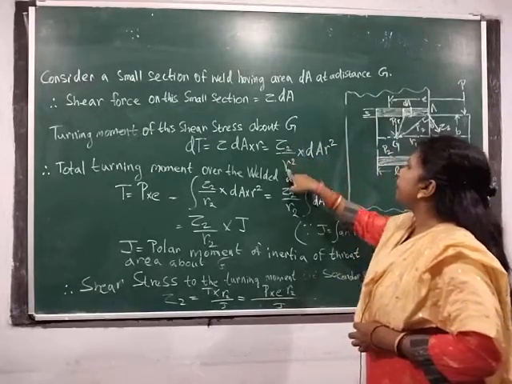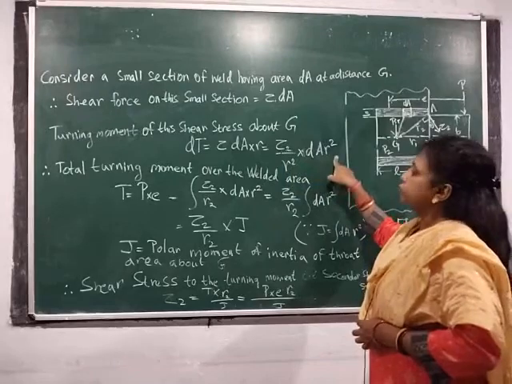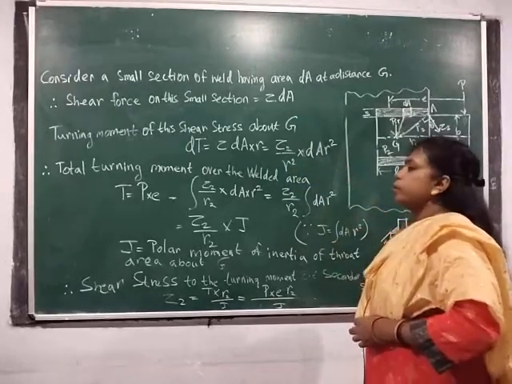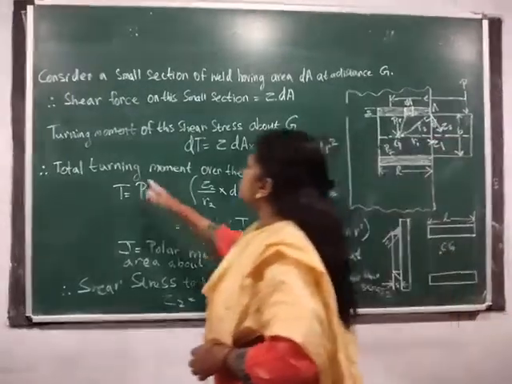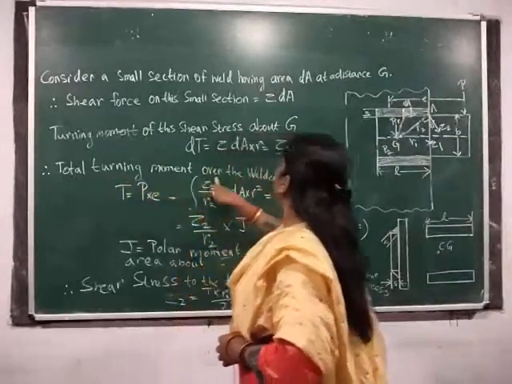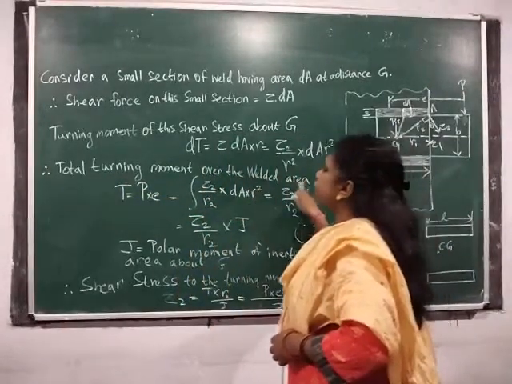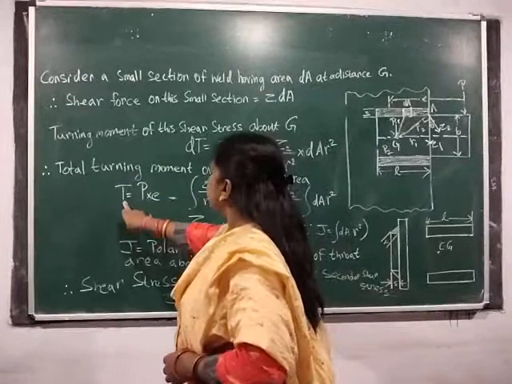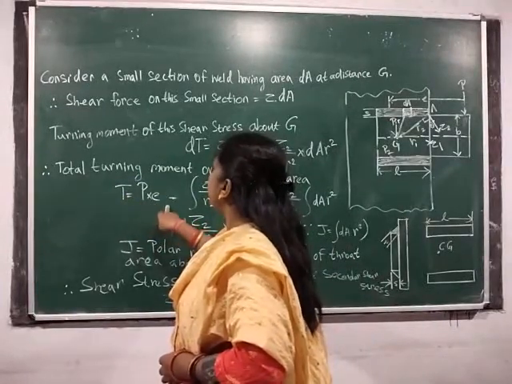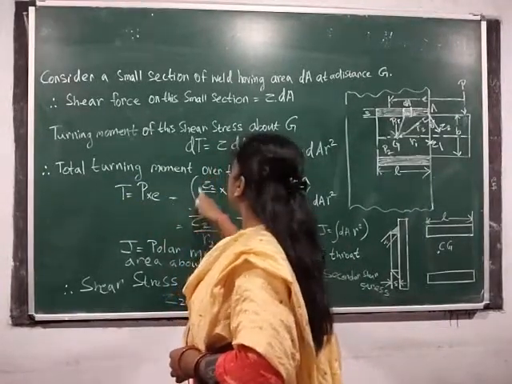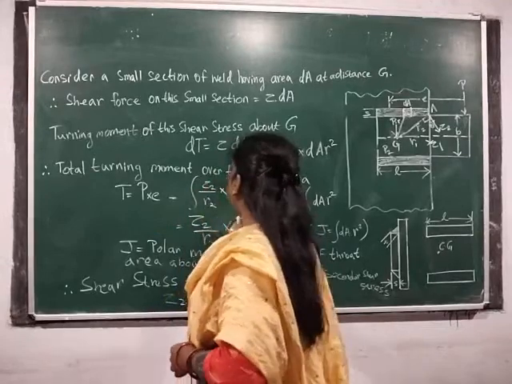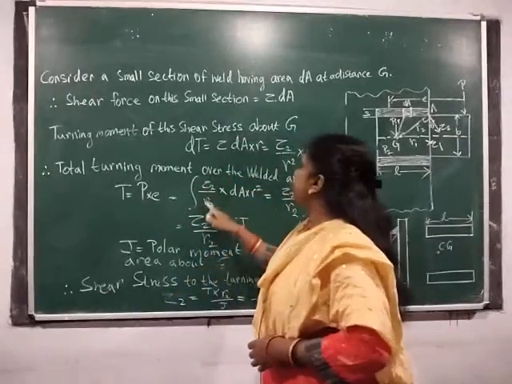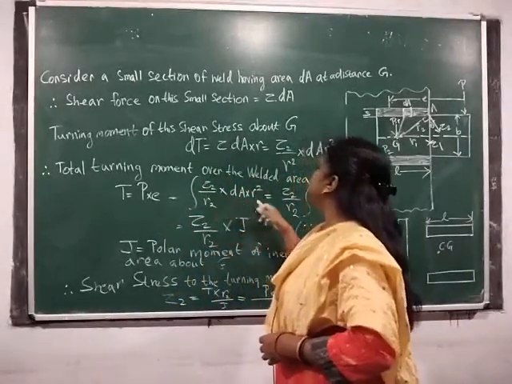So tau 2 divided by R2 into dA R square. Next, the total turning moment over the welded area is given by T equal to P into E, that is in turn the integration of this term, tau 2 divided by R2 into dA into R square.